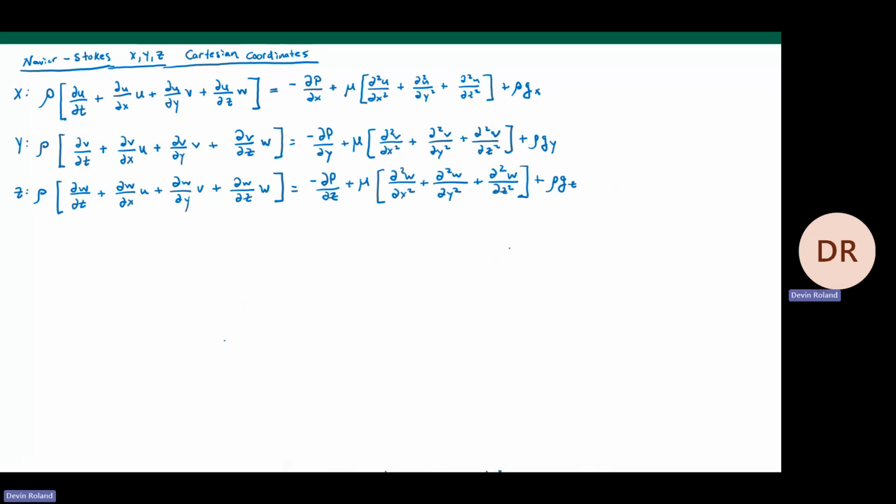Okay, so those are the three different components of the Navier-Stokes equation, x, y, and z.